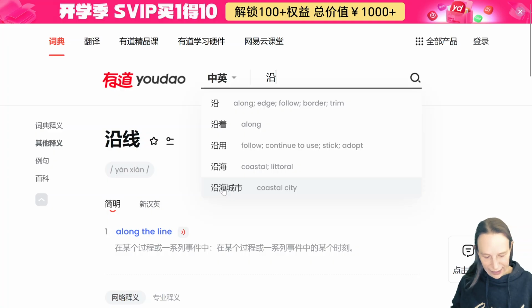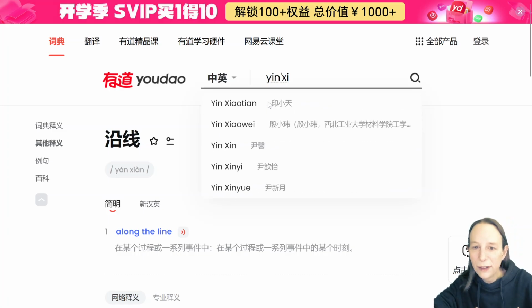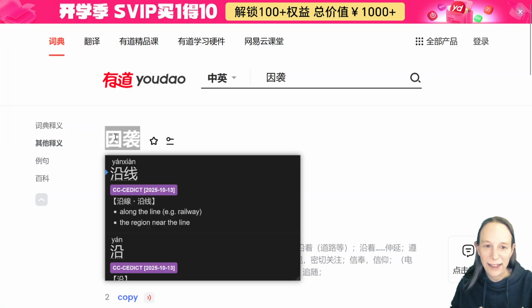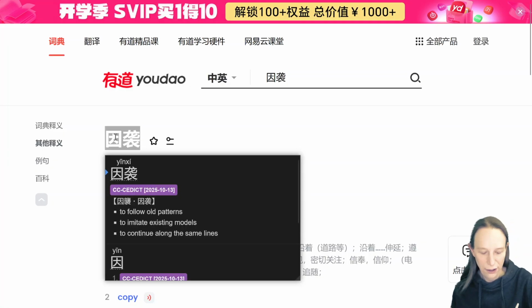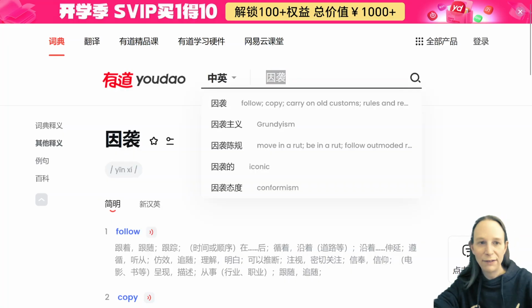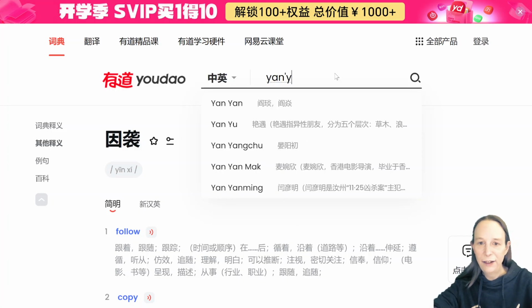The third one is 因袭. What? Am I getting that right? 因袭? I'm not entirely sure. This is a word, apparently. 因袭, follow. Oh, so this yan is follow, but follow logically. Is that right? So, yeah. Yan yong.